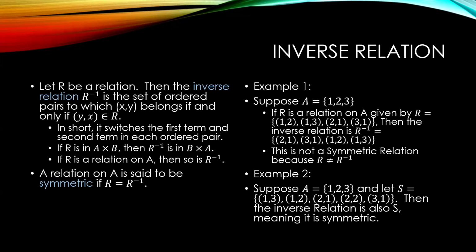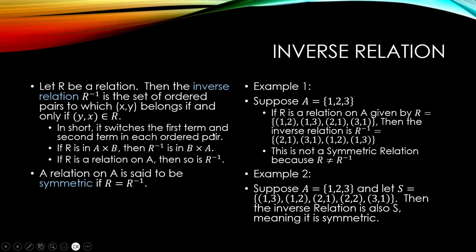We also have the idea of the inverse relation. Let R be a relation, then the inverse relation, R negative 1, is the set of ordered pairs to which (x, y) belongs if and only if (y, x) is an element of R. So we're basically switching the domain and the range, and flipping all of the first and second values to create our new set.